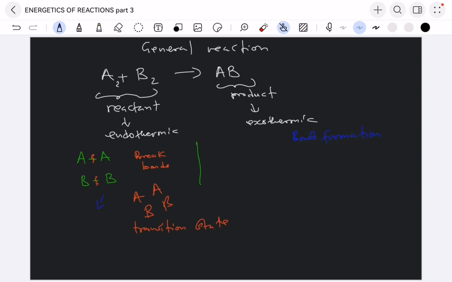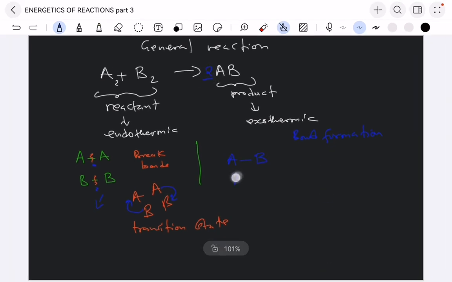So A and A will break the bond, B and B will break the bond, then they will reunite. The A will combine with the B and the B combines with the A, and then we have a new bond which is AB. If we were to balance this reaction, we'll have a 2 there, meaning we have A bonded to B.